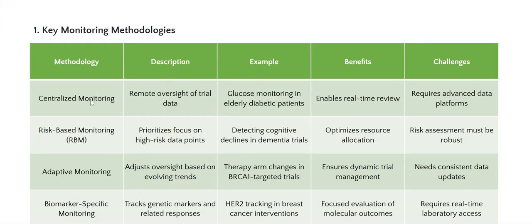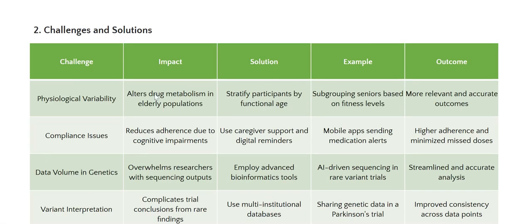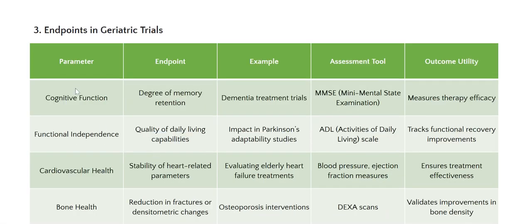As methodologies, we have centralized monitoring, risk-based monitoring (RBM), adaptive monitoring, biomarker-specific monitoring, on-site monitoring for geriatrics. Another table on challenges and solutions: here we have the challenge, impact, solution, example, outcome. Challenges: physiological variability, compliance issues, data volume in genetics, variant interpretation, and recruitment delays.